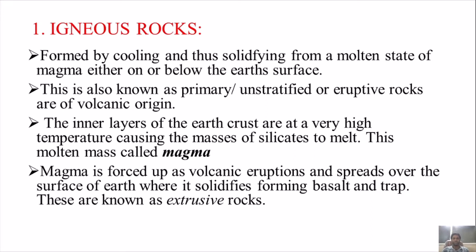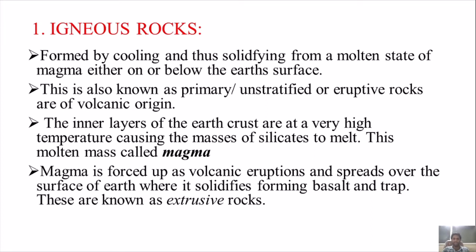This rock is also called primary rock, unstratified rock, eruptive rock, or rock of volcanic origin. It is a primary rock because anything which comes out from the core of the earth has to be called a primary rock, because it is not like other rocks. Other rocks will form based on this particular rock.